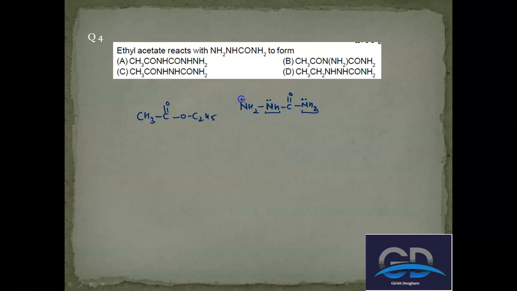Therefore the nitrogen which is not in conjugation will be more nucleophilic and would be attacking this carbon of the C double bond O. This is more nucleophilic because its lone pair is always available and not in resonance. So this attacks over here and C2H5O minus is released, and ultimately we get CH3CO, and this would be NH, and this would be NH. So from semicarbazide we have formed a semicarbazone. So the answer for question number 4 is C.